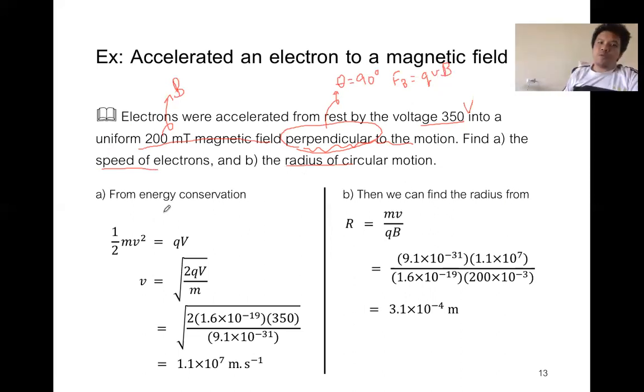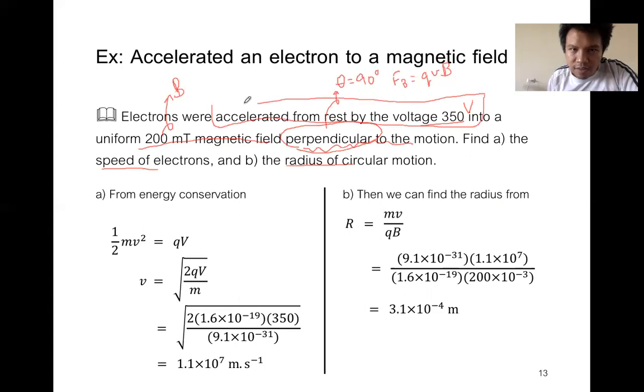So we divide the discussion into two parts, because the electron was accelerated from rest by the voltage. Let's try to recall this equation from lecture 3.